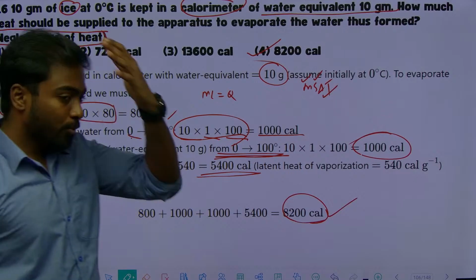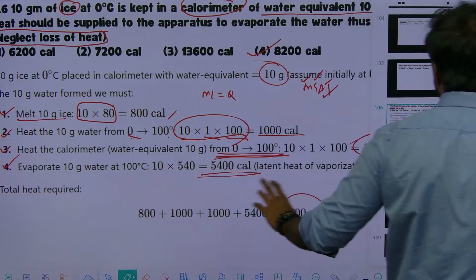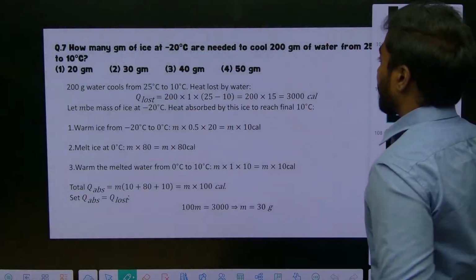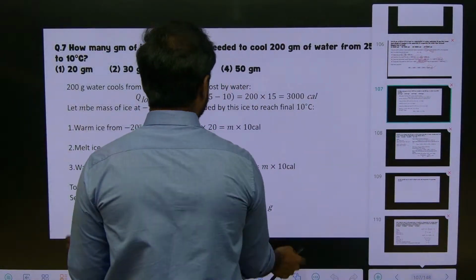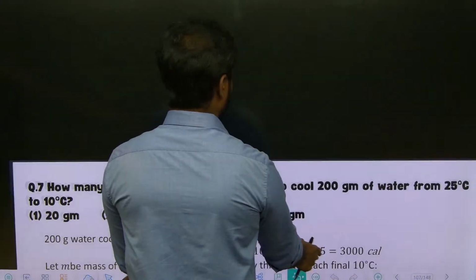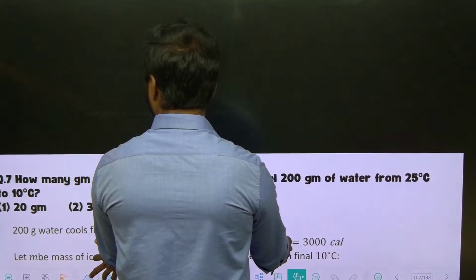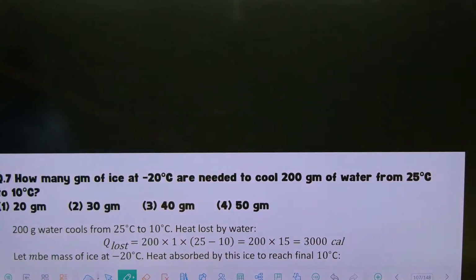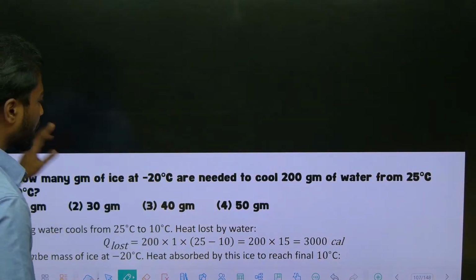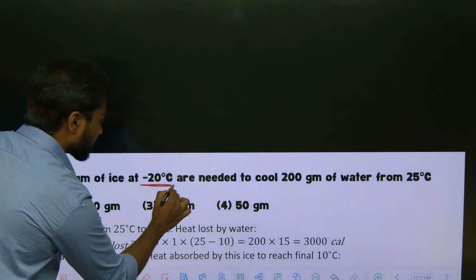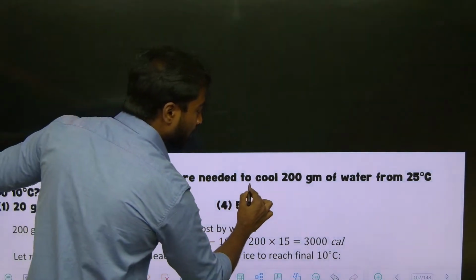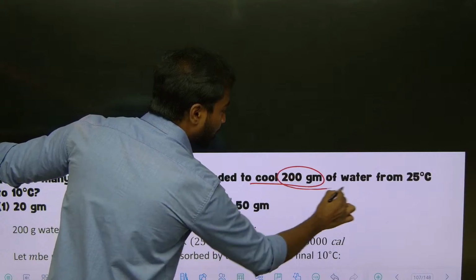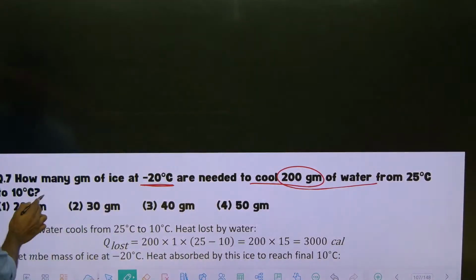I hope it's clear right now. The next question, if you see, I hope the question is clear now. How many gram of ice at minus 20 degrees Celsius are needed to cool 200 gram of water from 25 to 10 degrees Celsius?